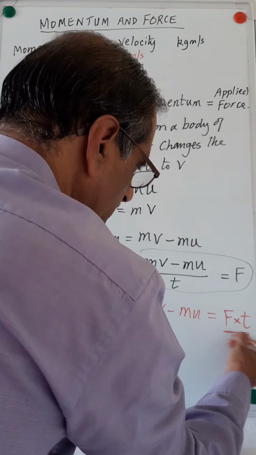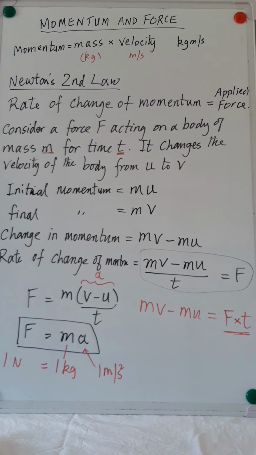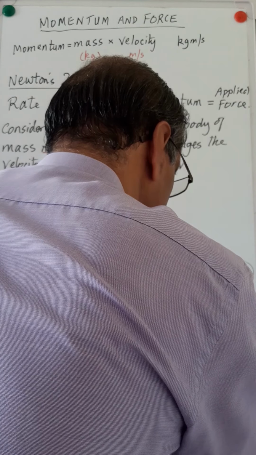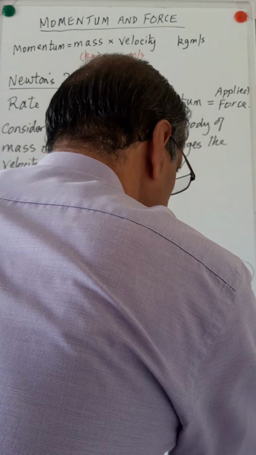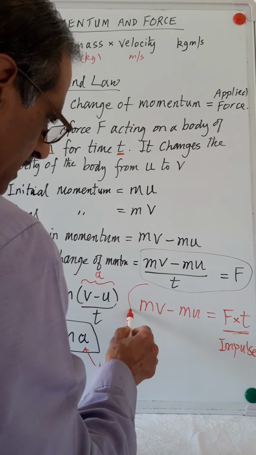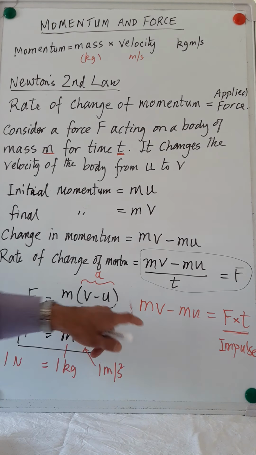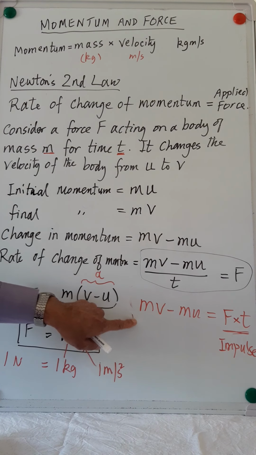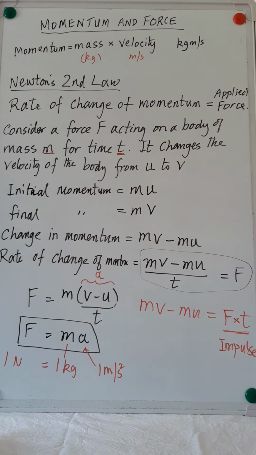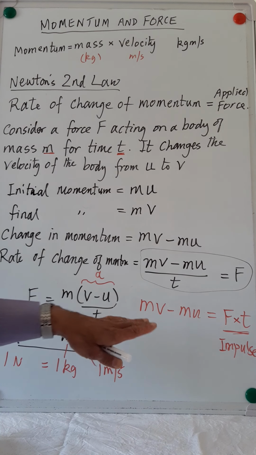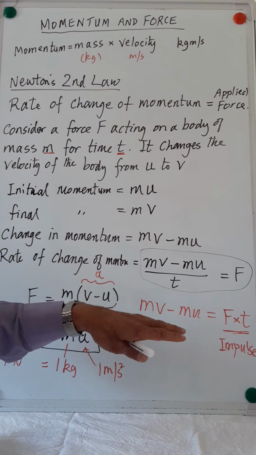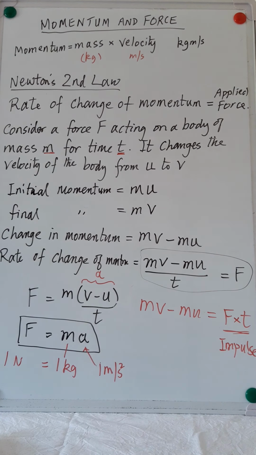Now this quantity, F times t, is known as the impulse, and this is the change in momentum. Impulse is equal to the change in momentum. Now this is a very important equation which has implications in car safety, and we're going to discuss that.